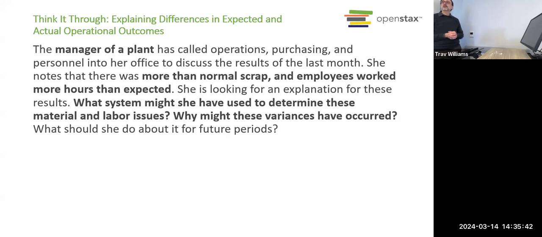What other thoughts do you have? Also, she's saying the employees are making more mistakes. The workers might be making more mistakes. That could lead to scrap. And then again, takes them more time to fix their mistakes or start over with new units. Maybe our machinery is having some trouble.